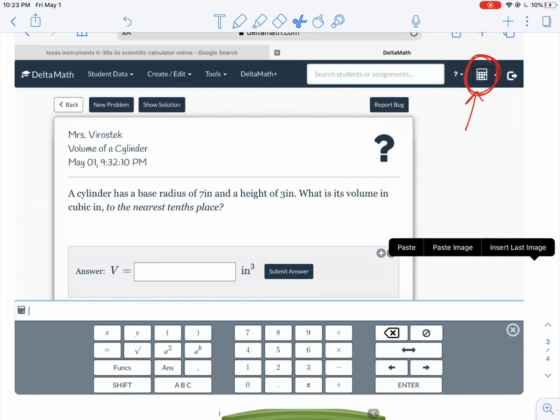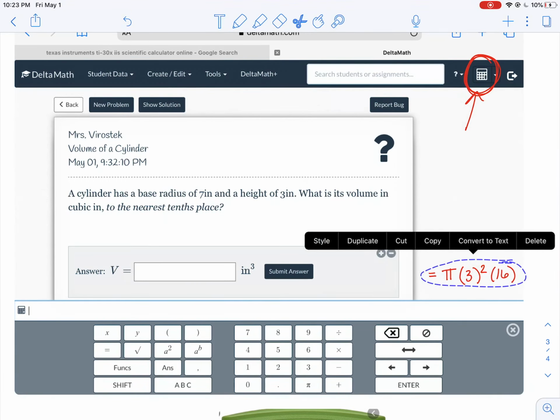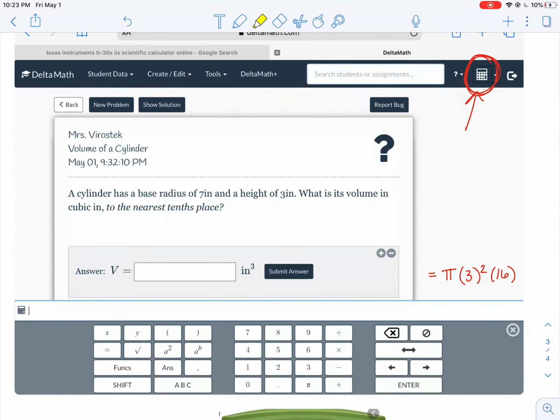Okay, now let's pretend that you need to type in this formula here. I'm going to go through it with you, and then it's the same all the time. So the first thing that you have to hit is the pi button, and I'm going to highlight it. When you hit the pi button, it's going to pop up exactly where I'm typing it on your screen. Now you need to type in parentheses 3 parentheses.